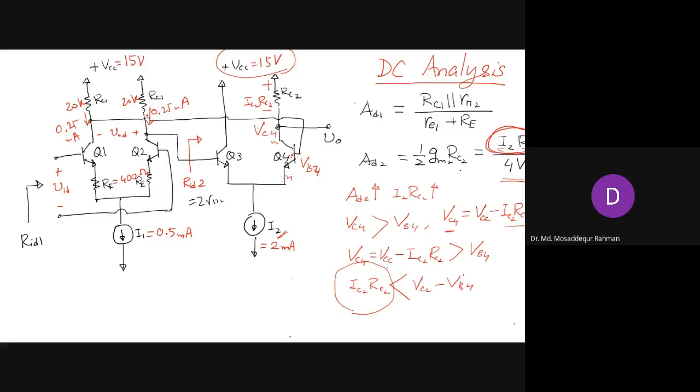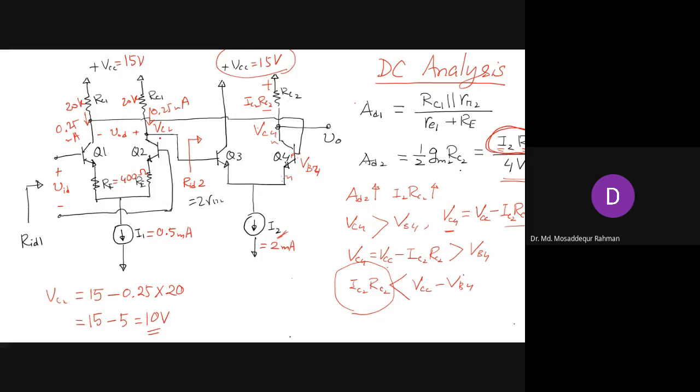With this, we can easily determine the collector voltage VC2. VC2 will be VCC, which is 15, minus IC1 RC1. IC1 is 0.25 milliampere, and RC1 is 20K. So if we do the calculation, 15 minus 5, it comes down to 10 volt.